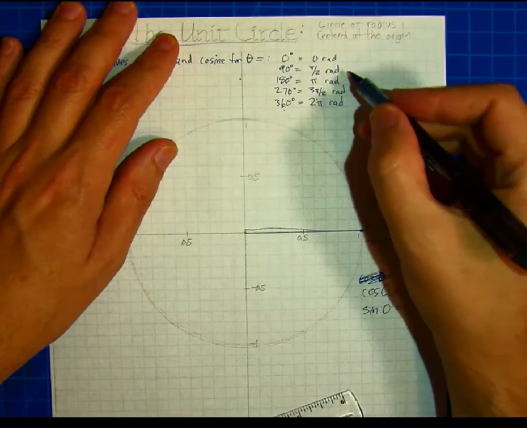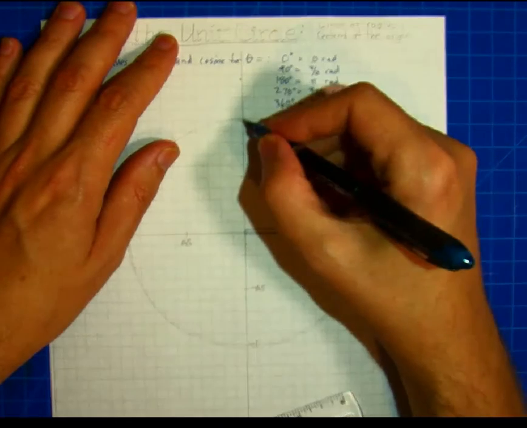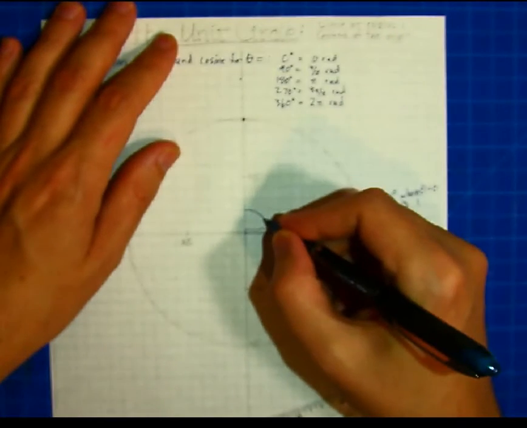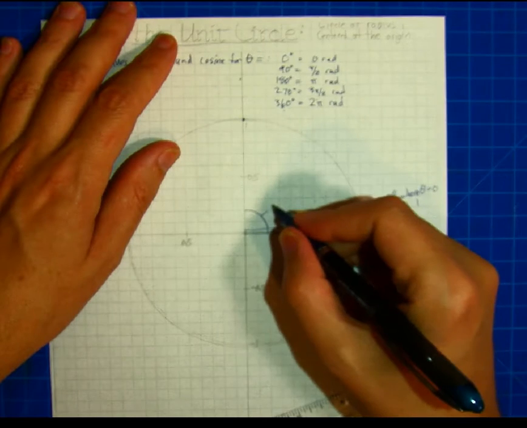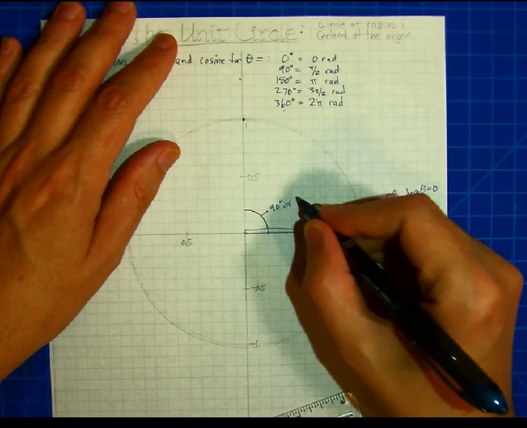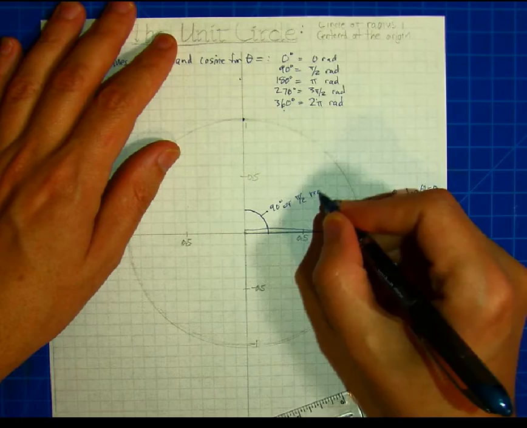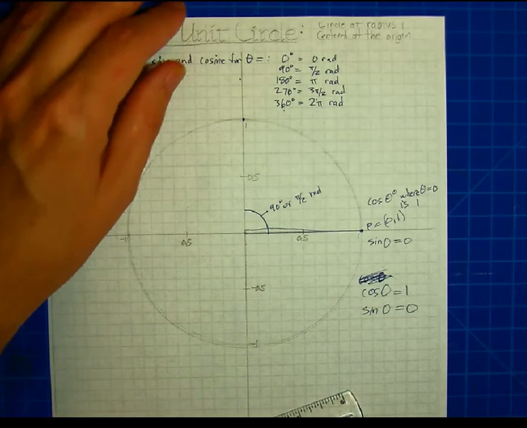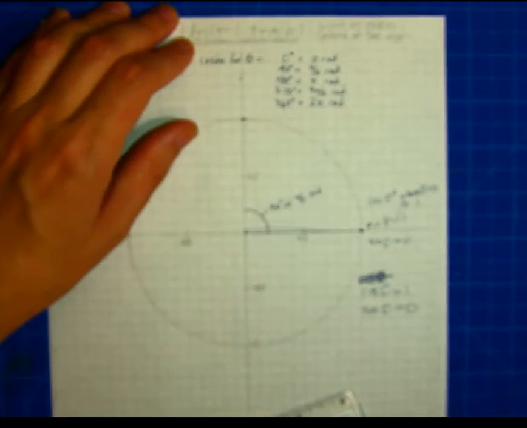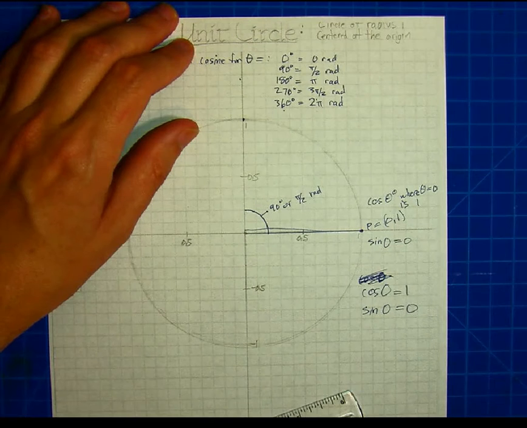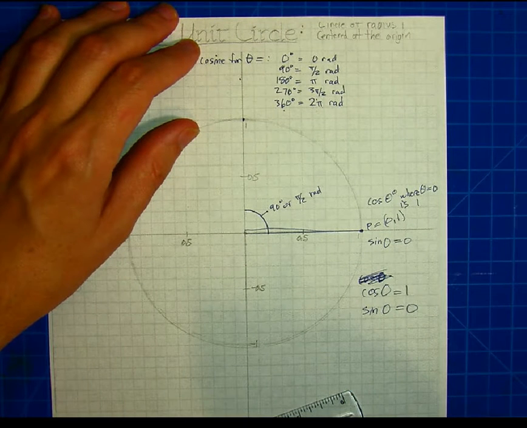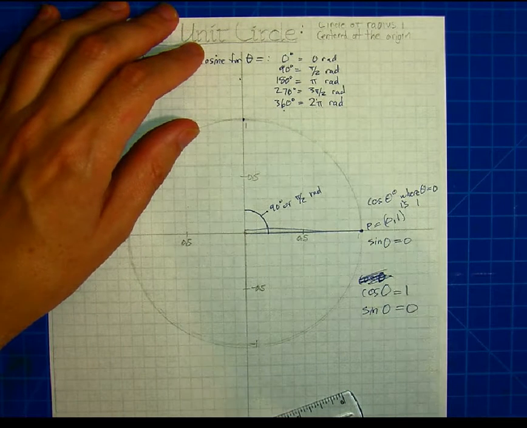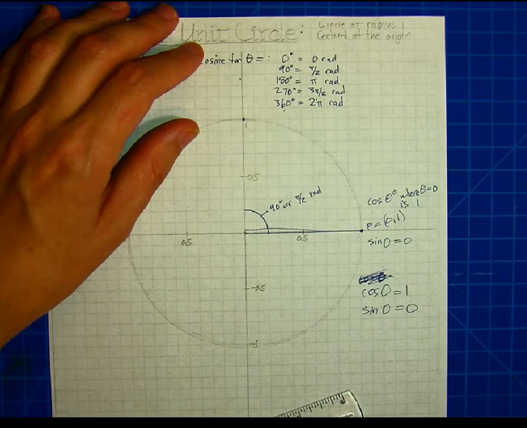The next one to look at is 90 degrees, or pi over 2 radians, which is up here. We can draw a rotation like this and say this is 90 degrees, or pi over 2 radians. Pretty soon in this class, you're going to want to start thinking about absolutely everything in terms of radians, because there are specific reasons that we need to use radians, and you're going to use them by default in calculus and for the rest of your math careers.